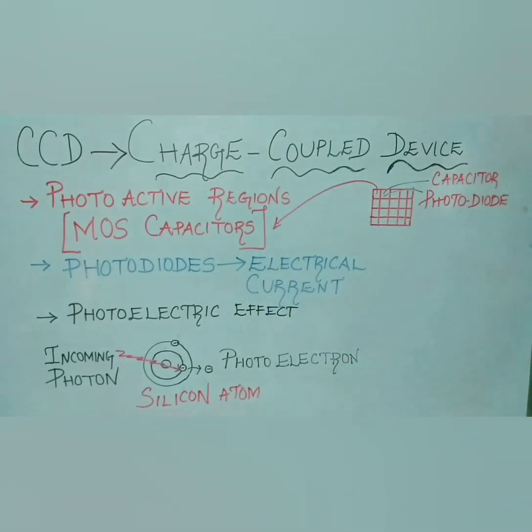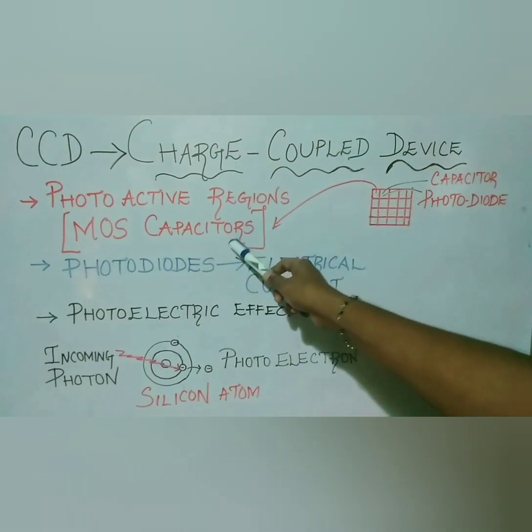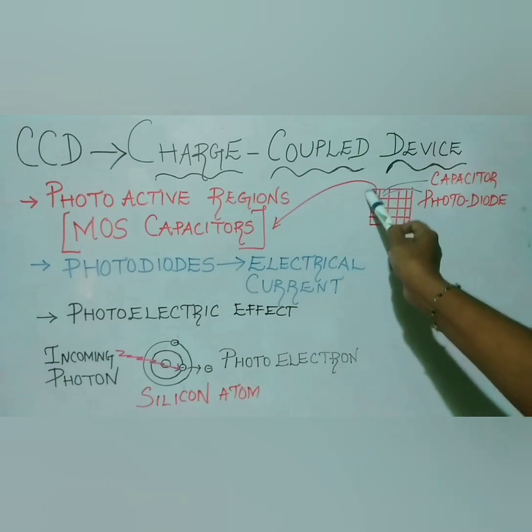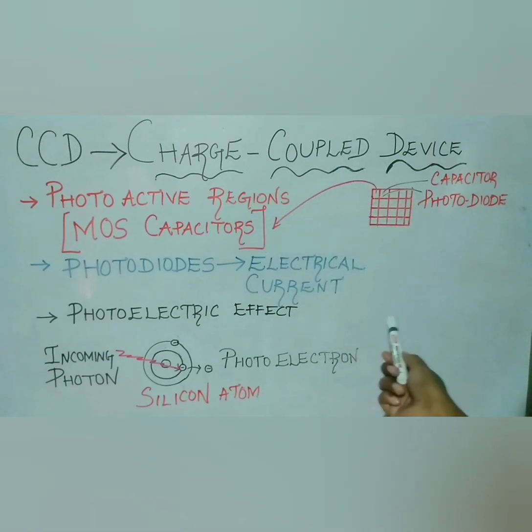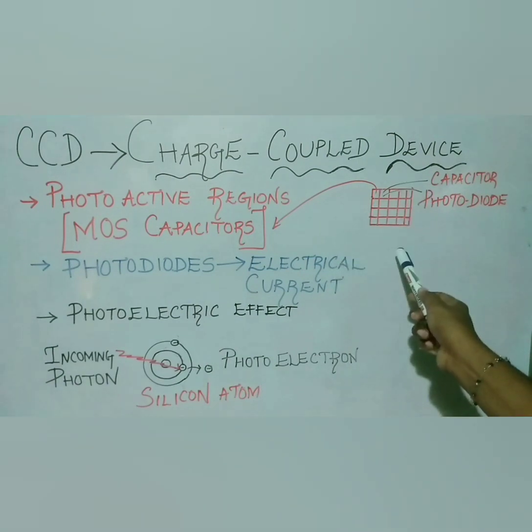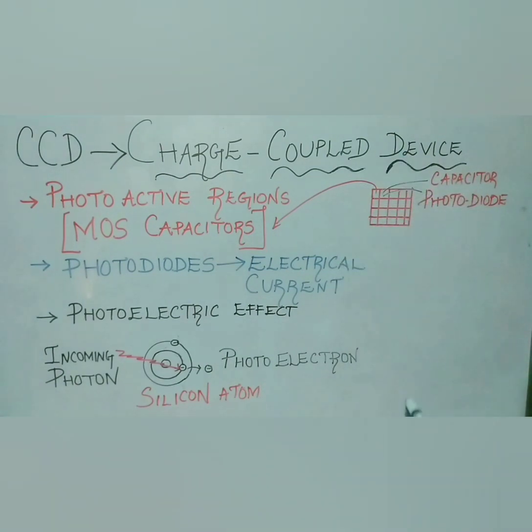The role of a capacitor is to store electrical energy in an electrical field. So in the CCD assembly, each capacitor acts as an individual pixel, and these capacitors are built into arrays, which means they are built into multiple rows and columns for capturing X-ray photons.